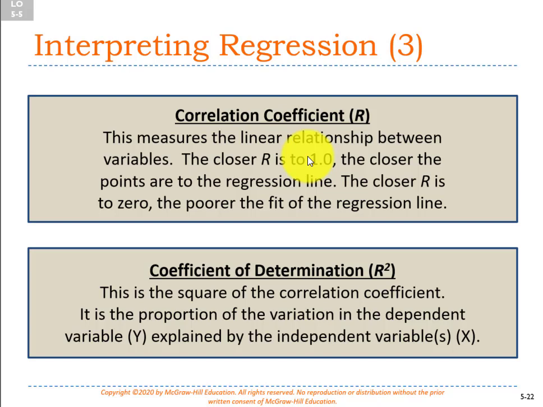We want a correlation coefficient closer to 1 than to 0. And R squared is what percentage of the change in our dependent variable is caused by our independent variable. So again, we're measuring how good our regression was. How much can we expect to predict?